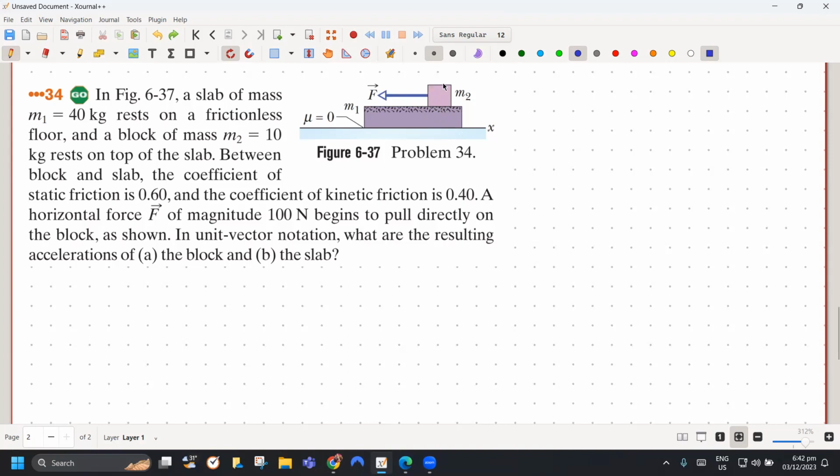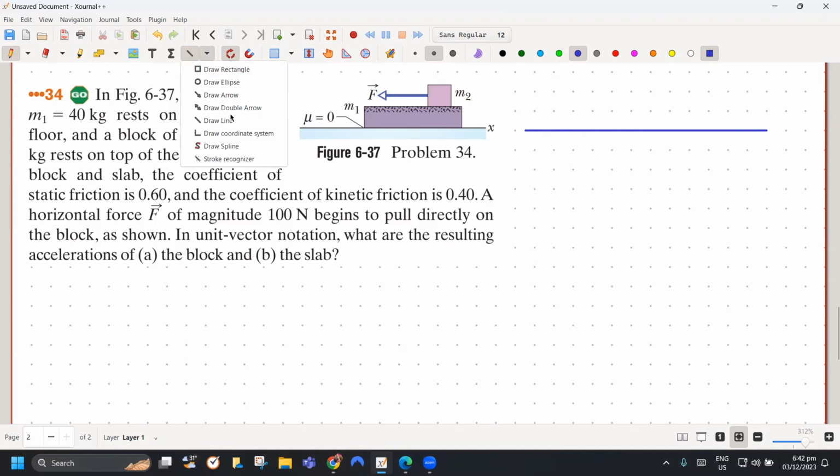With less force, the slab should hardly move at all. Why is there a coefficient of static and kinetic friction? There's a point where the friction between M2 and M1 is static, and a point where it is kinetic. If the friction between the two is static, can they still move? Yes, both can move.